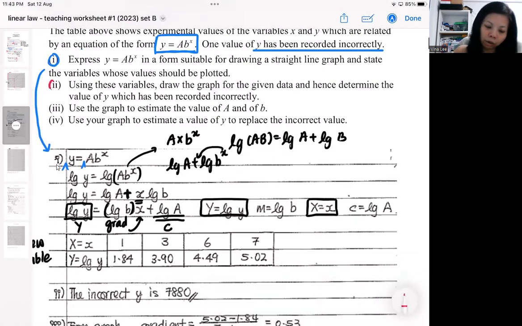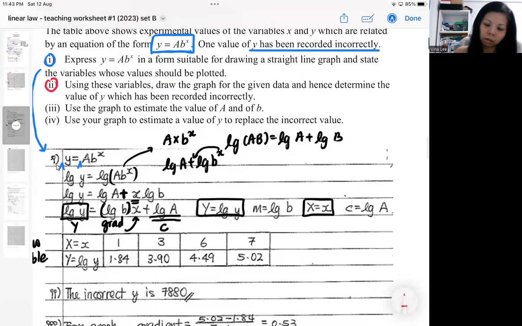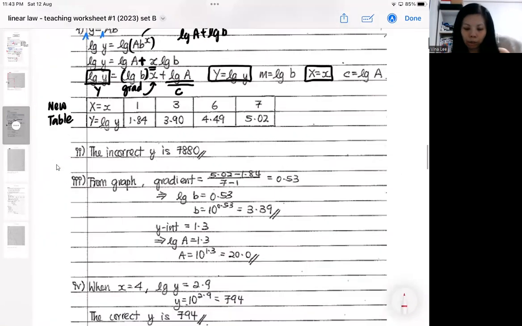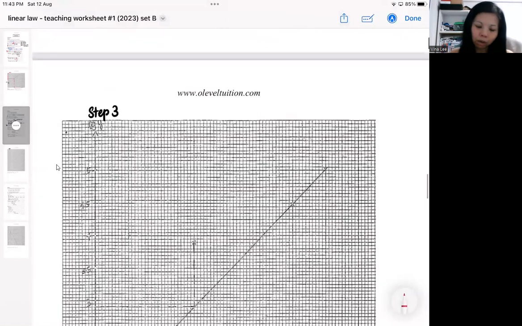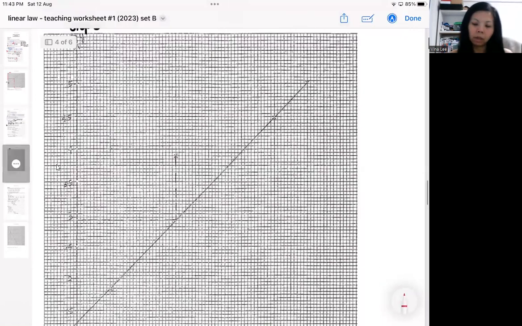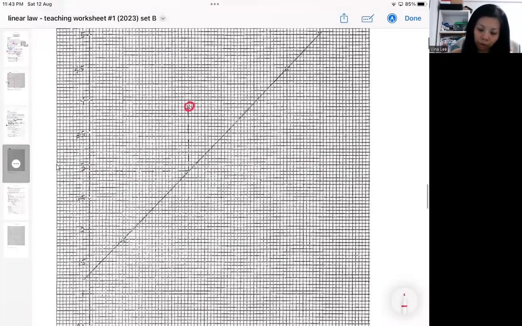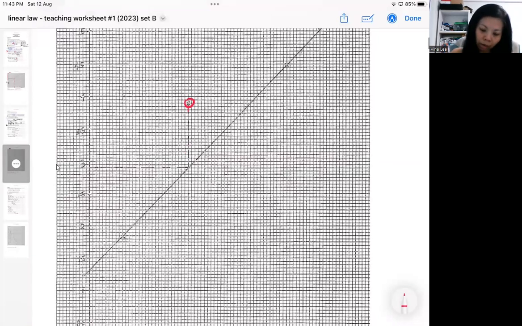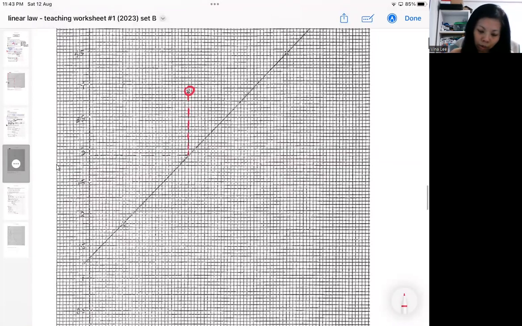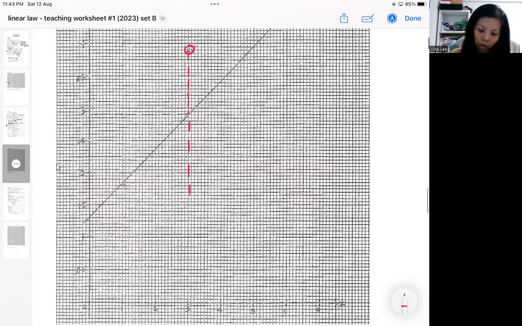After that, the question asks us to identify the incorrect value. So after I draw the graph, I need to determine which value of Y was recorded incorrectly. What you should look out for is the odd one out on your graph. If you look carefully, it comes from x equal to 3.